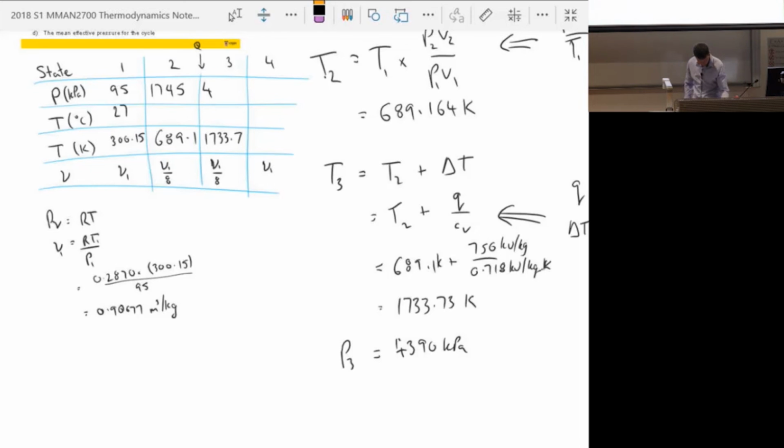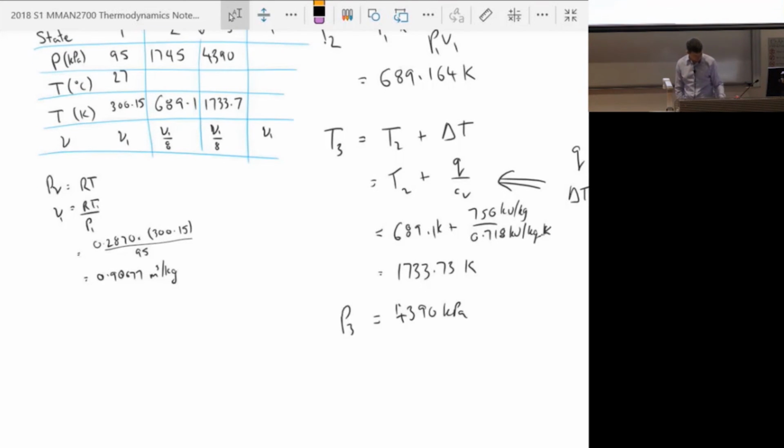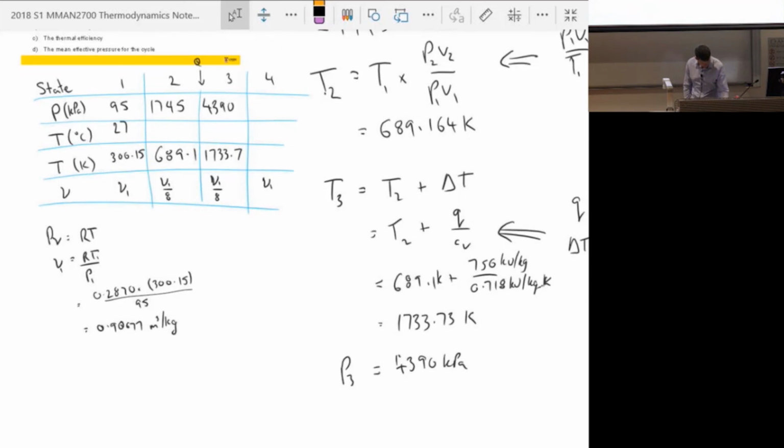I'm just speeding up a little bit because I want to get this solution out. And then similarly, temperature and pressure for state point 4. So I've got 239 and 755. Okay, so that's pretty typical.